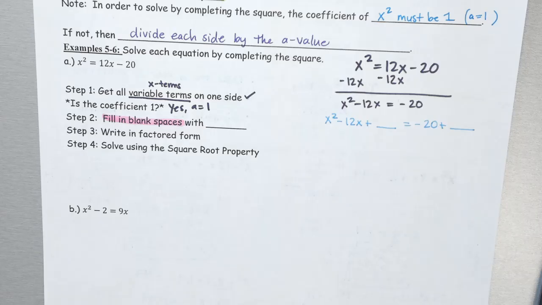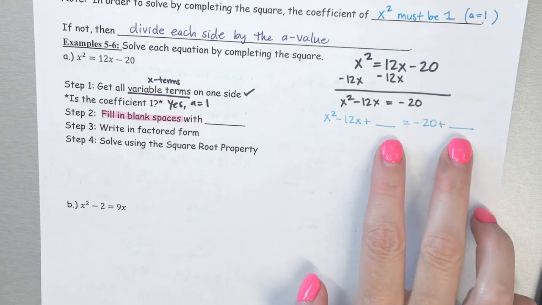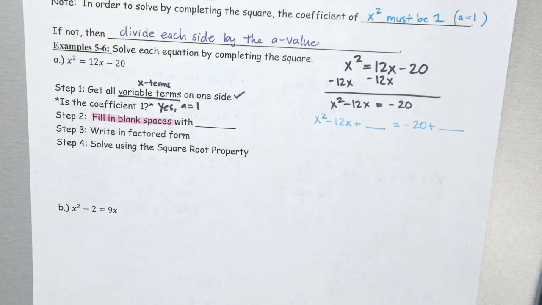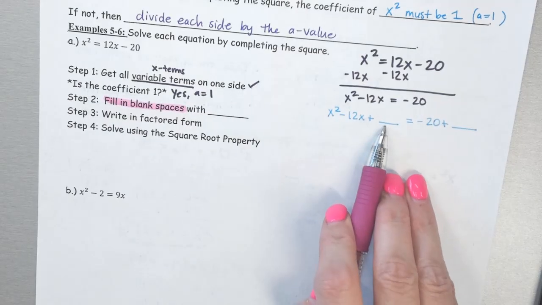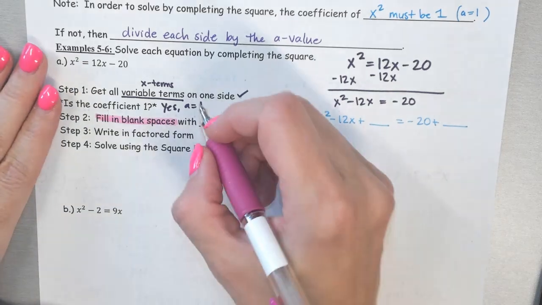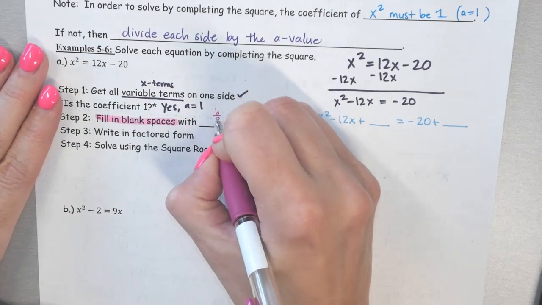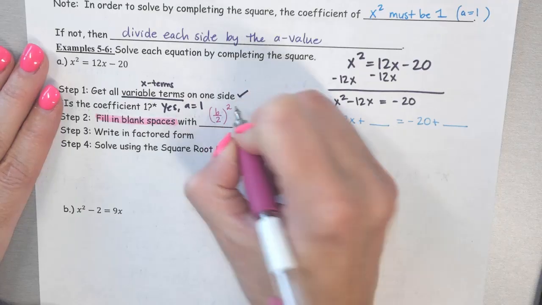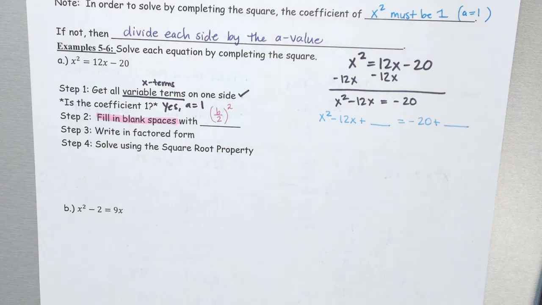We put these blank spaces just to show that these should be equal. Really what you're doing is making this a perfect square. We're going to use the same formula that we used on the other side to find that value of C: B divided by 2, squared.